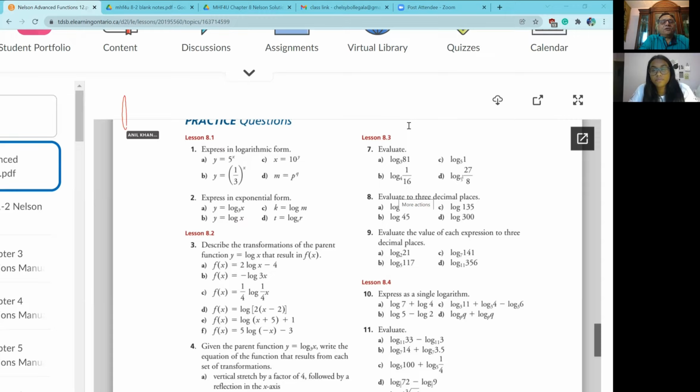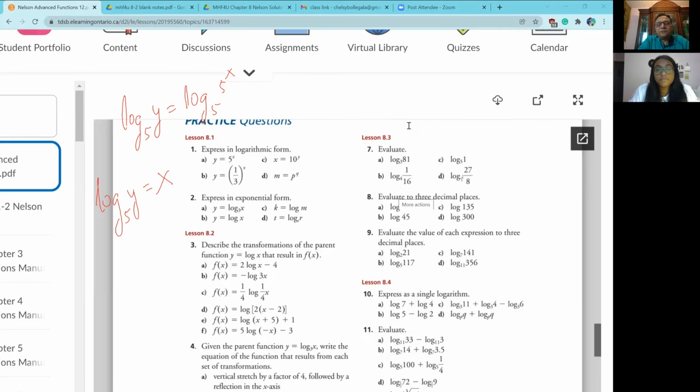So you can write log to the base 5 of y equals log to the base 5 of 5 to the power of x. You see that? And you know the right hand side is only x. So we get log to the base 5 of y equals x. So we have all of a sudden written this exponential equation in logarithmic form, right?